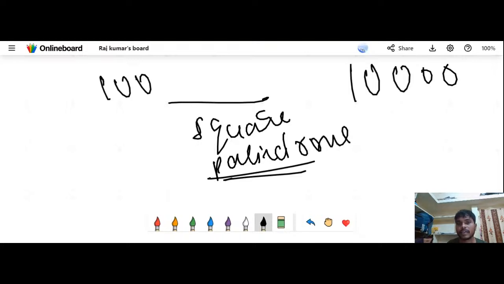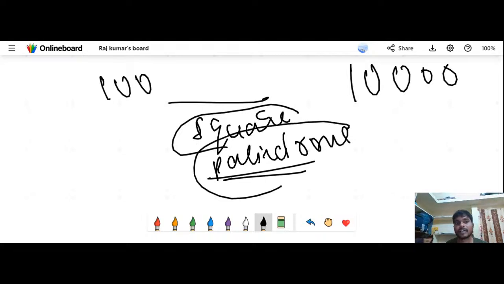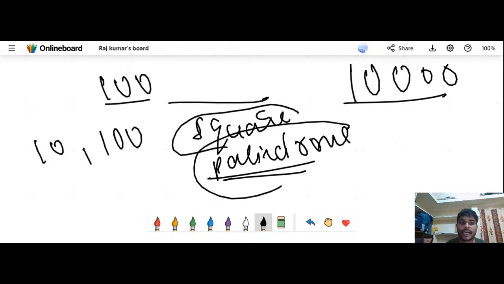So guys, here I am iterating from the square root of both numbers. Square root of both numbers means I am traversing from 10 to 100, and I am checking whether their square, 10 square, lies between this, and each level square lies between this.